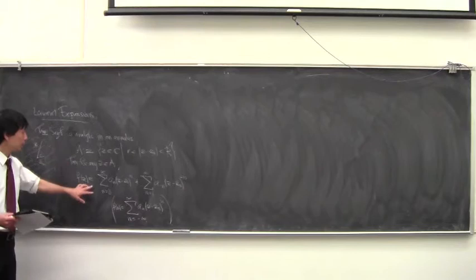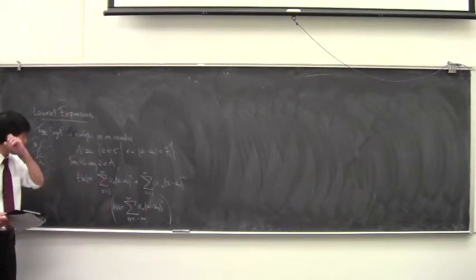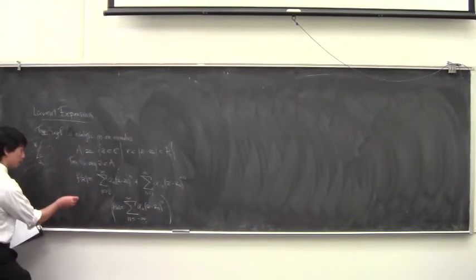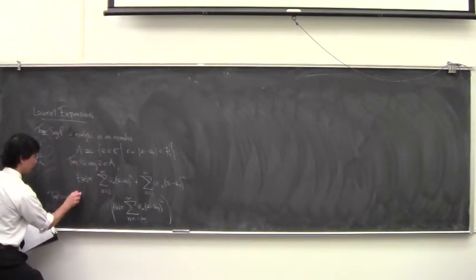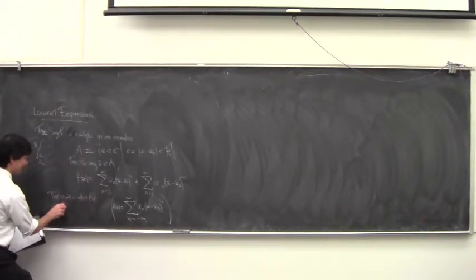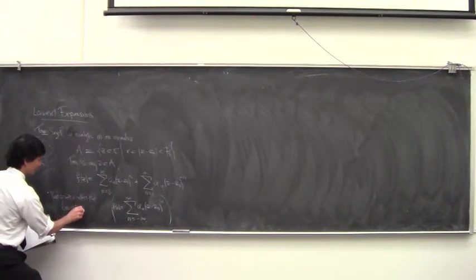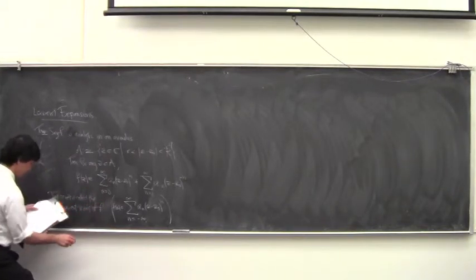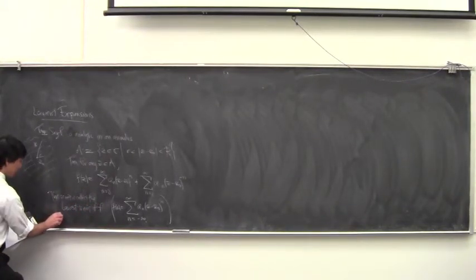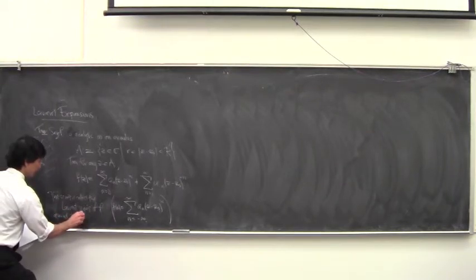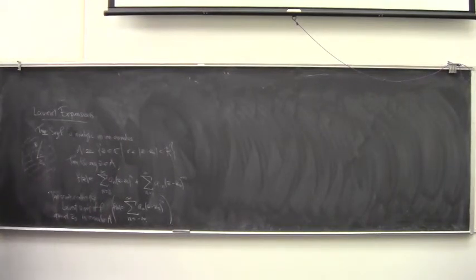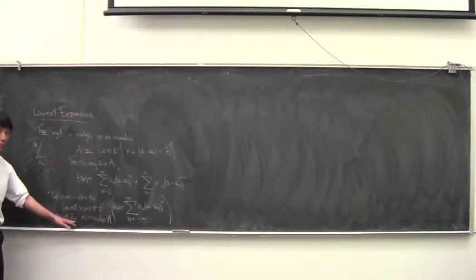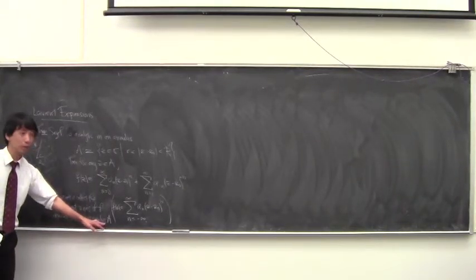So you have this double power series, and this series is called the Laurent series of f around z naught in the annulus A. The series will depend, of course, on z naught, but it will also depend on the annulus.